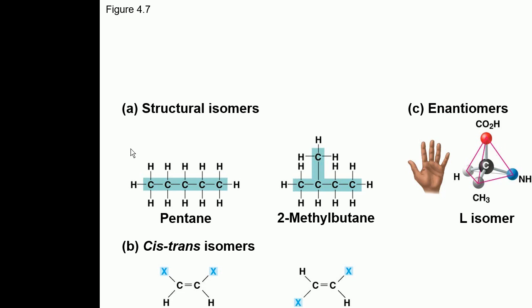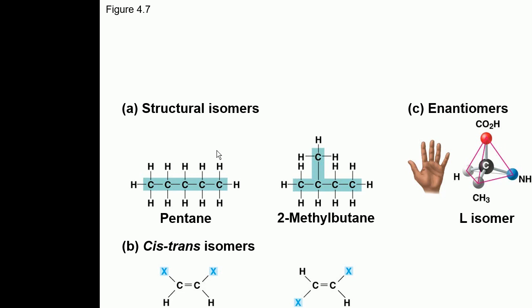This is an example of structure isomers. You can see this is pentane. Pentane has 5 carbons, and then this is 2-methyl butane. This is a branched structure in which 4 carbons are in the straight chain and the 5th carbon is in the branch. So pentane and 2-methyl butane are structure isomers because they have the same molecular formula. They have 5 carbons and 12 hydrogens.